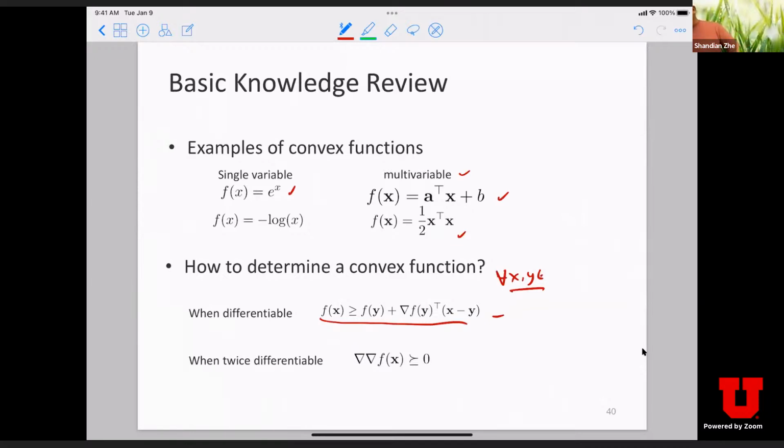For arbitrary x, f(x) is no less than f(y) plus the gradient of f at y, inner product with (x minus y). So what does the right hand side mean? Any thought?